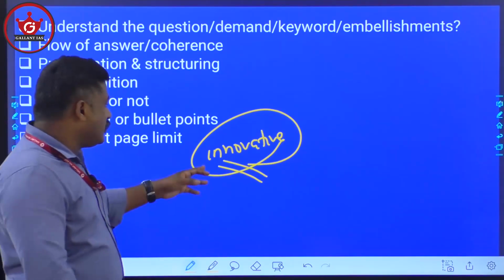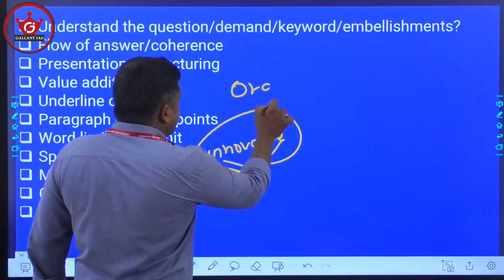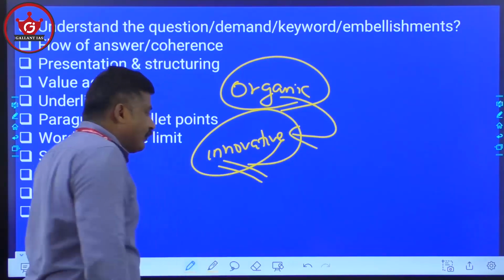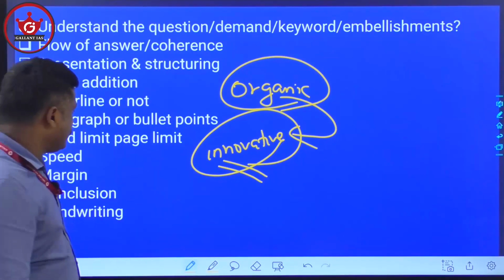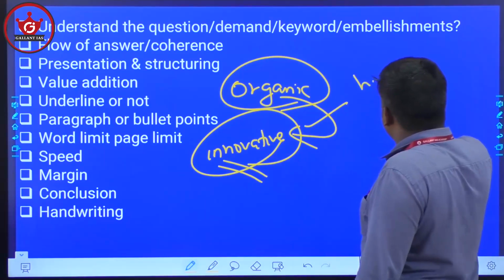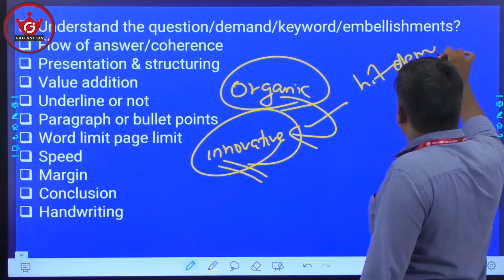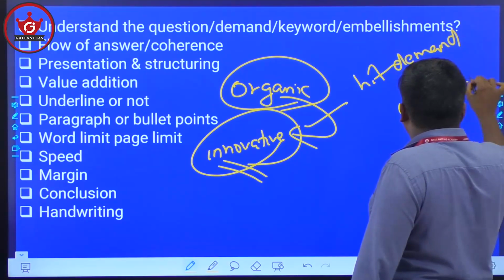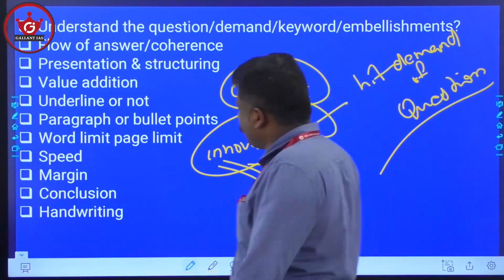That will not save you. Your answer has to be organic and innovative. And most importantly, make sure that your answer directly hits the demand of the question. This part is also important.